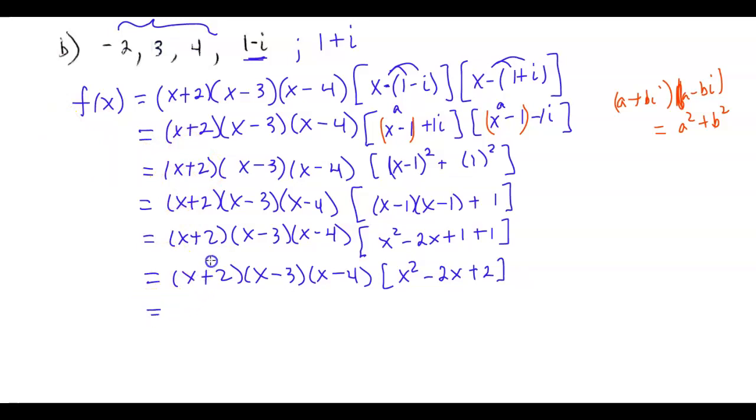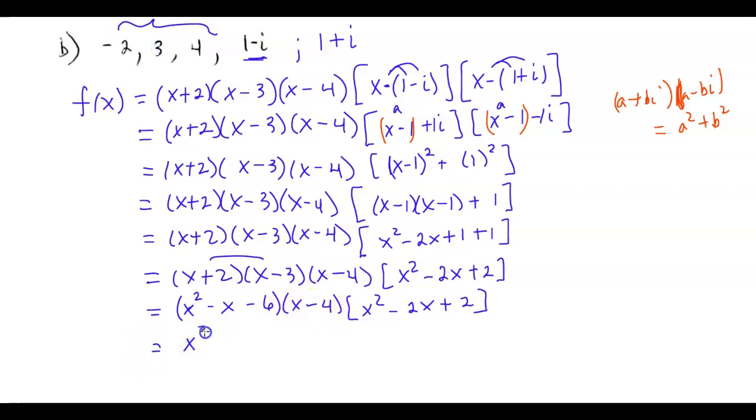If I multiply these 2 together, I'm going to get x squared minus x minus 6. Of course, that comes from FOILing, and I'm assuming that you know how to do that. Then I'm going to multiply the x squared minus x minus 6 times the x minus 4.